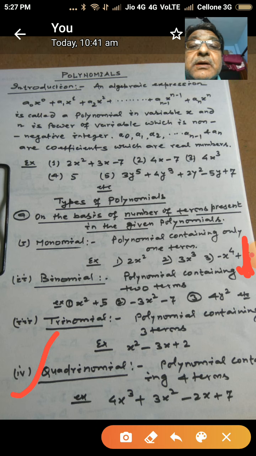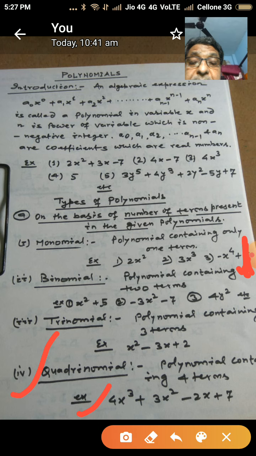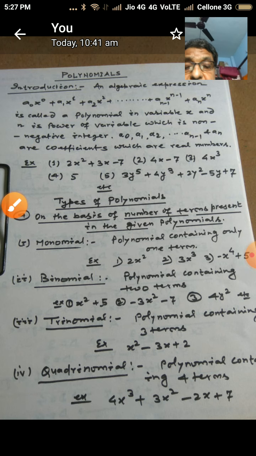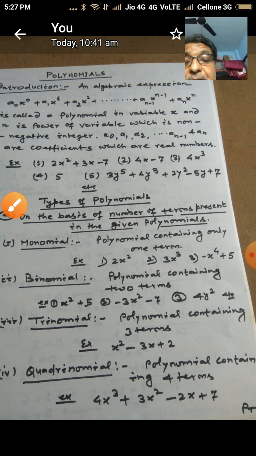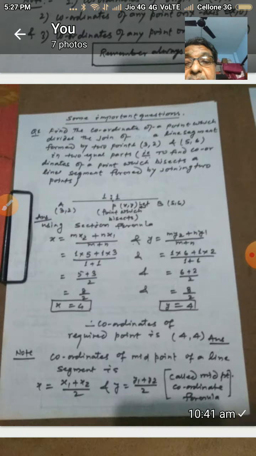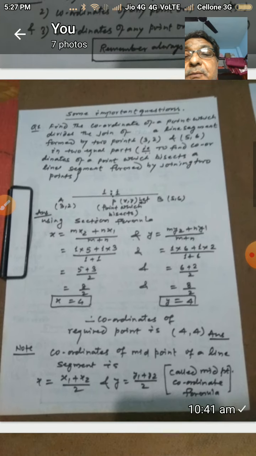So a polynomial containing 4 terms. Example is taken here, 4x cube plus 3x square minus 2x plus 7. And those with more than 4 terms are all commonly known as polynomial. Now we will consider another type of polynomial.